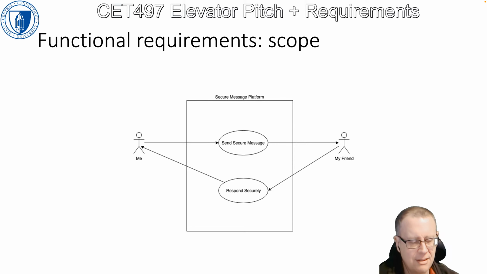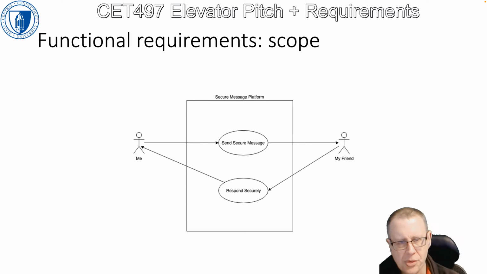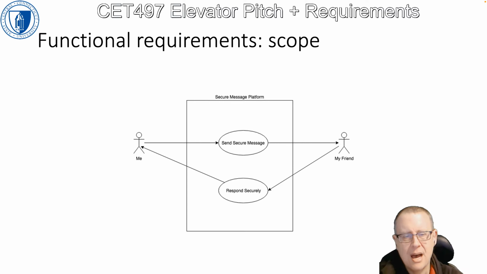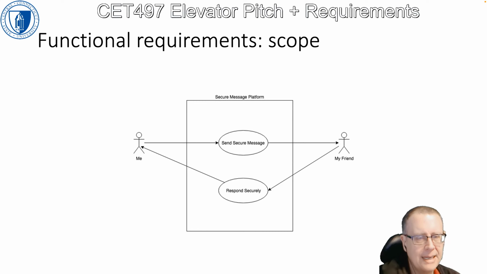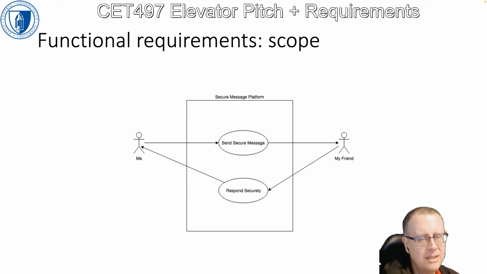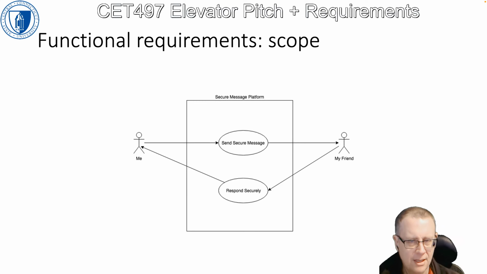These are people or things or other computer systems that are external to the thing we're building, that the thing we're building needs to talk to. Right, so me, I need to be able to send a secure message to my friend, and my friend needs to be able to respond securely.